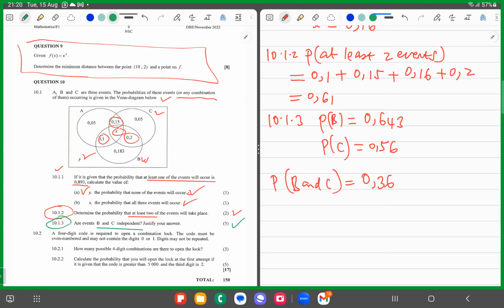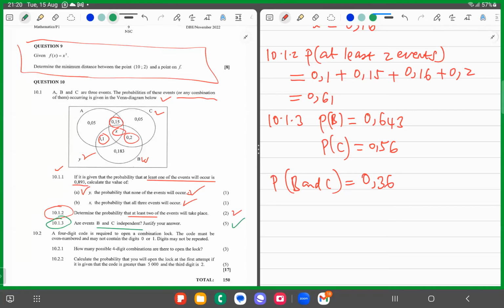I'm also using my calculator, and it is 0.36. Right, so you get 0.36.